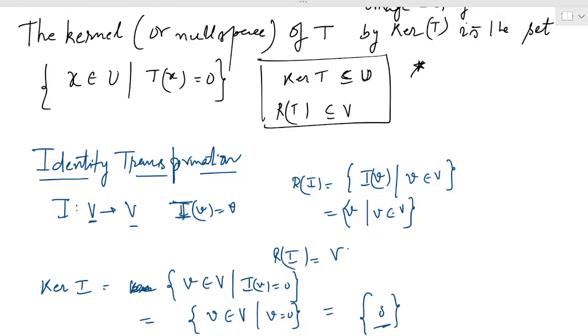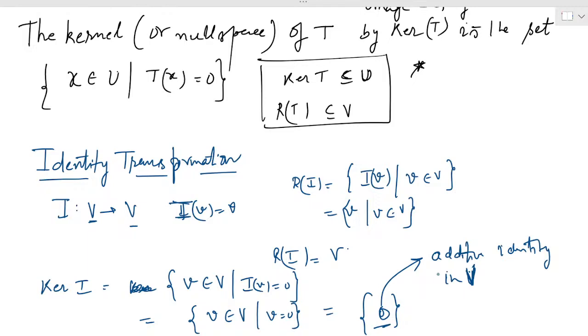Understand, this 0 is the additive identity in V. It is not always a single 0.